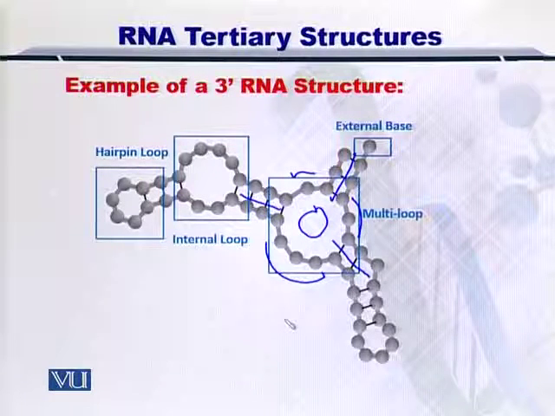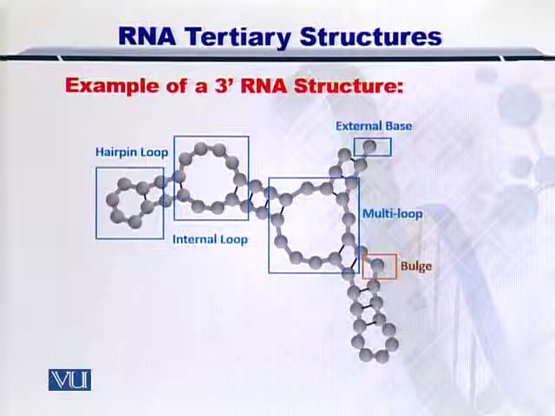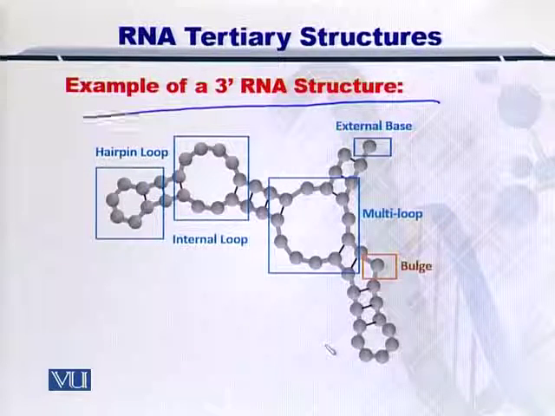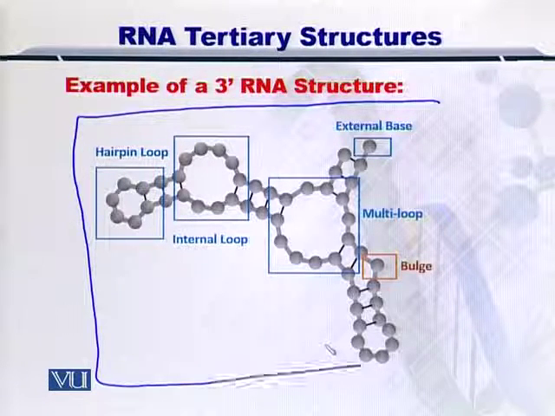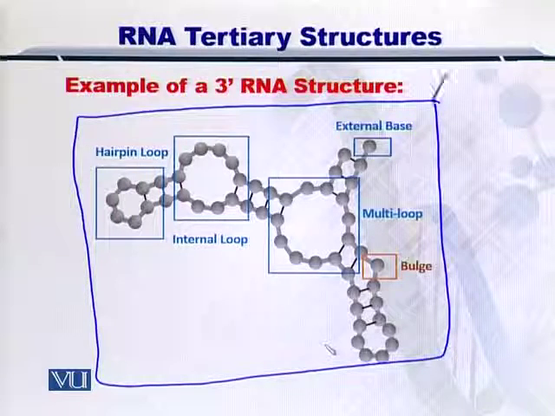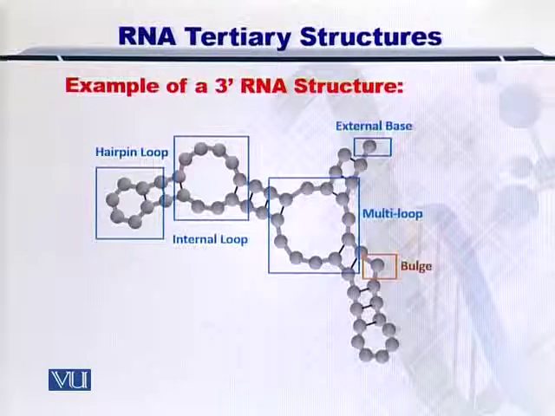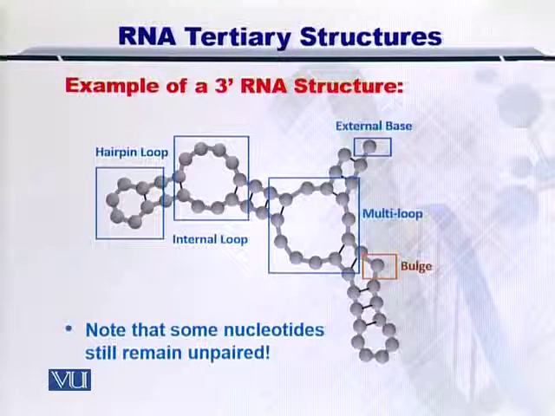More so, there is the bulge, which includes just 1 nucleotide base in this case, and when all of this comes together, a very big tertiary structure is formed, which is ready to take active part in the biological processes. Dear students, what if some of the nucleotides still remain unpaired?